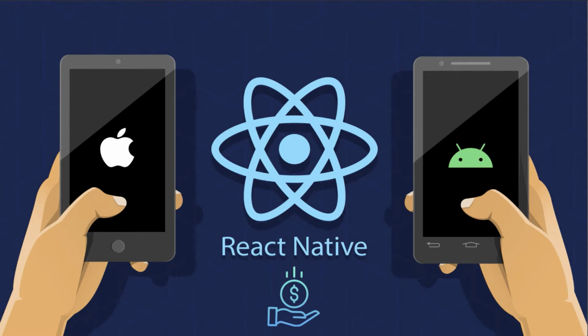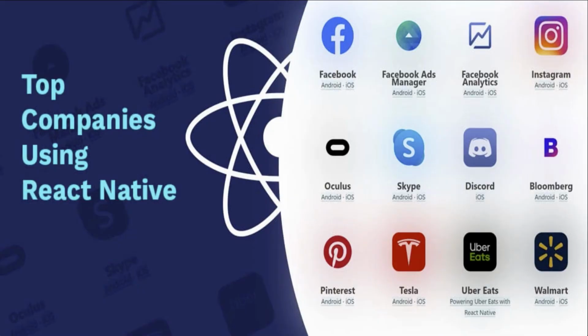Okay, maybe you will tell me, this is dangerous, how can I depend on JavaScript? What if my application has a lot of security and must be accurate, so I really need to build it as native? Okay, I will give you examples of top companies using React Native, for example Facebook, Instagram, Discord, Skype, Pinterest, Tesla.